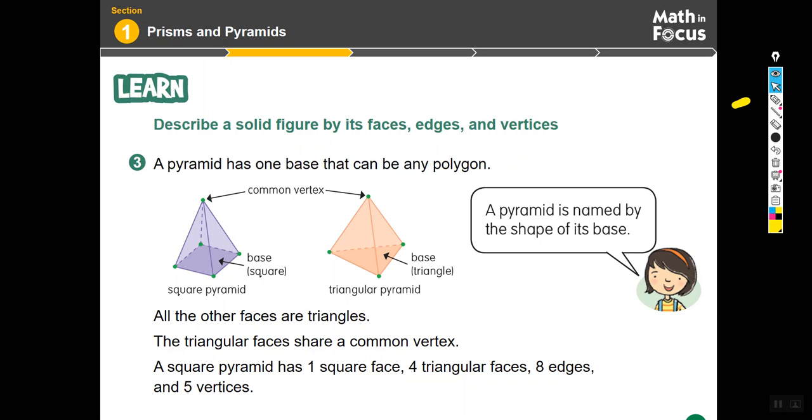Now, you could have a pyramid that would be a hexagon pyramid, which would have 6 triangular faces and 7 vertices, or even an octagon pyramid. Whatever polygon you can put on the bottom, you can turn that into a pyramid with that common vertex. And then it says a triangular pyramid has 4 triangular faces, 6 edges, and 4 vertices.